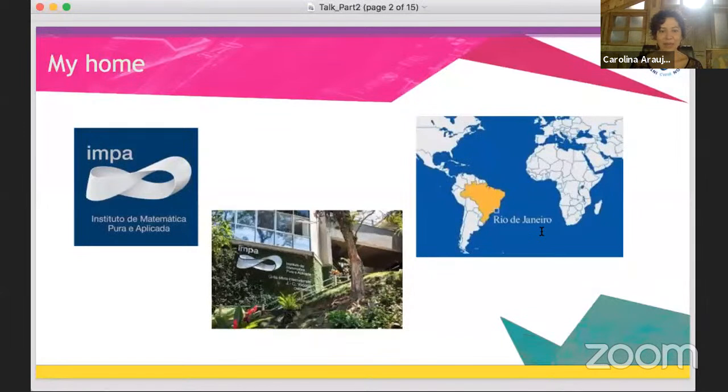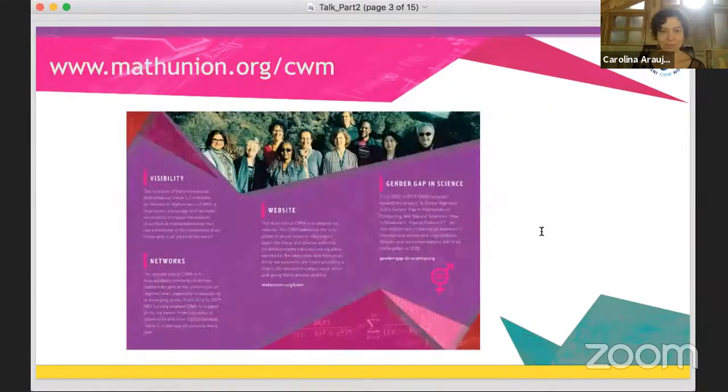I'm at IMPA in Rio de Janeiro. This is the logo of the institute. I put a map so that you can find me. And this is the entrance of the institute. I will show you a more lively picture of the entrance at the last slide.